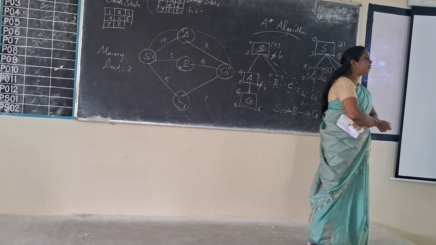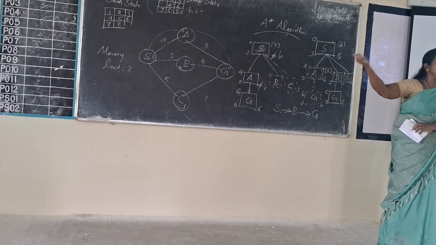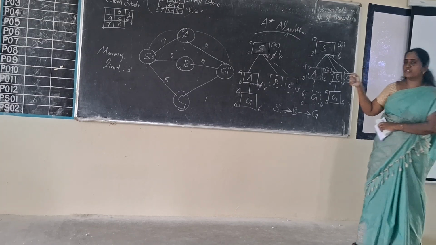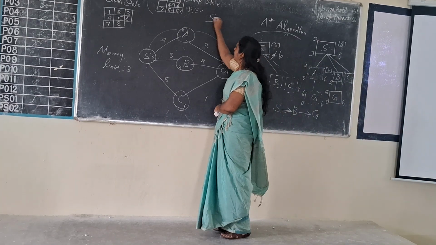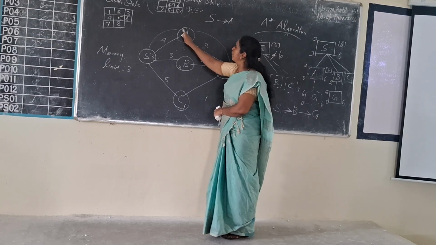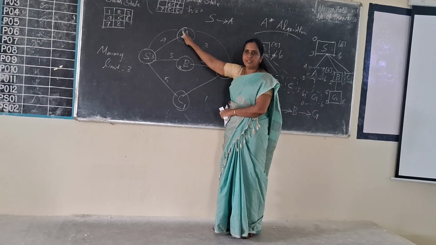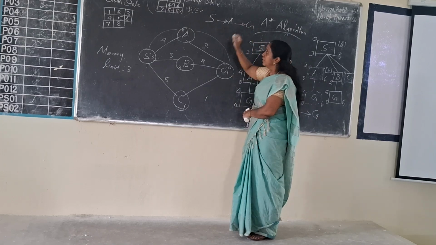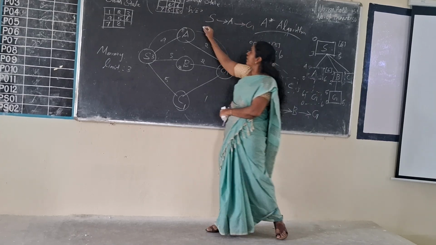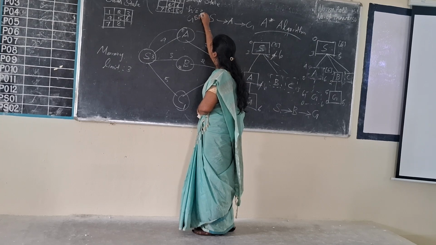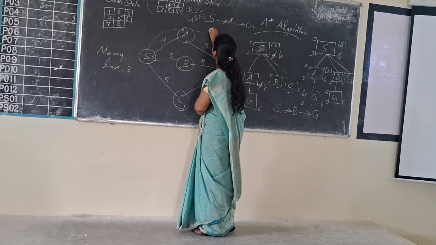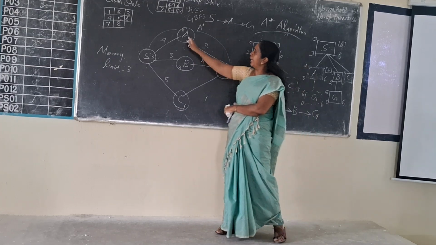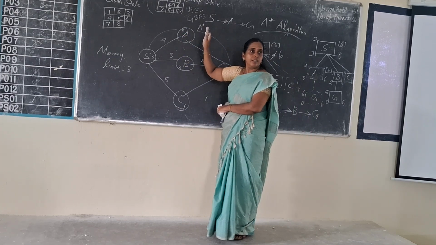When you use the greedy best-first search algorithm, what is the solution for this graph? S to A will come. We have the minimum heuristic value at A only. Then A and G. So S to A. Then when you use the A star algorithm, that was for greedy best-first search. For A star, it will take both the heuristic value and the g(n) value.